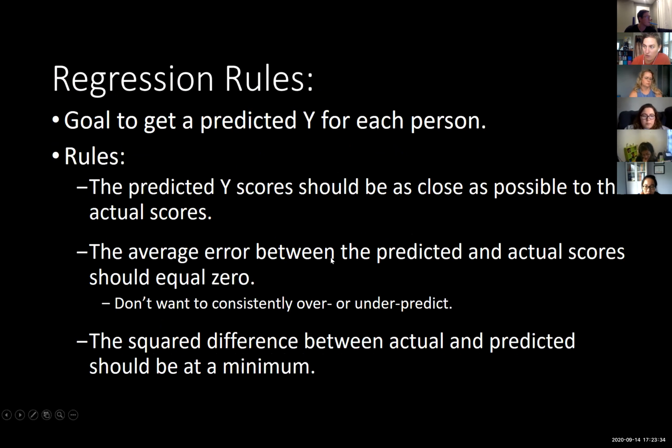The average error between the predicted score and the actual score should equal 0. That means we don't want to consistently be guessing too high for everybody or consistently guessing too low for everybody. And the squared difference between the actual and predicted scores should be at a minimum. I'll tell you why it's the squared difference in a second.